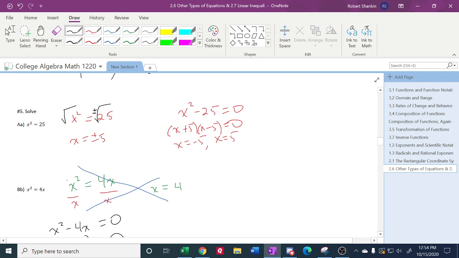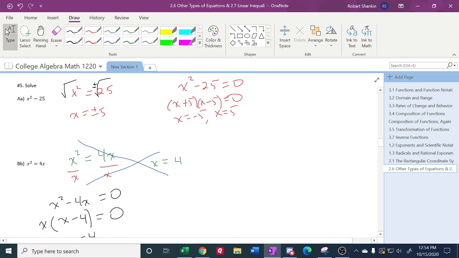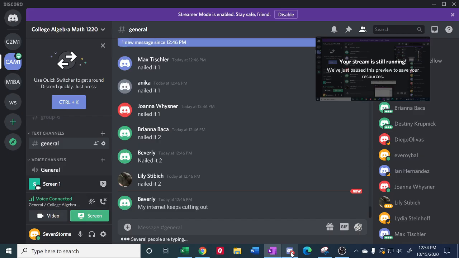Alright, give me feedback on these, 5a and b. And go ahead and hit enter.